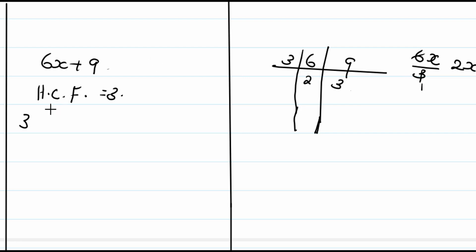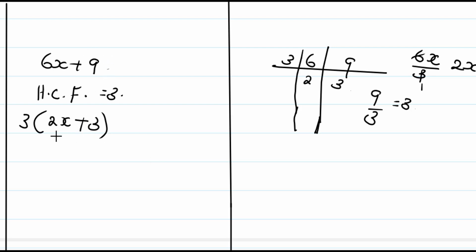So I put 2x in the brackets, because 3 multiplied by 2x is 6x. Then plus, because here we have a plus sign, I take 9 and divide by 3, which is 3. So inside the brackets I put 3, because 3 multiplied by 3 is 9.